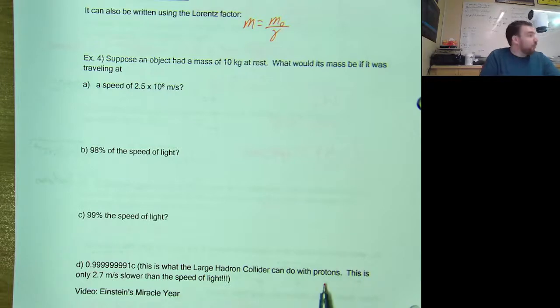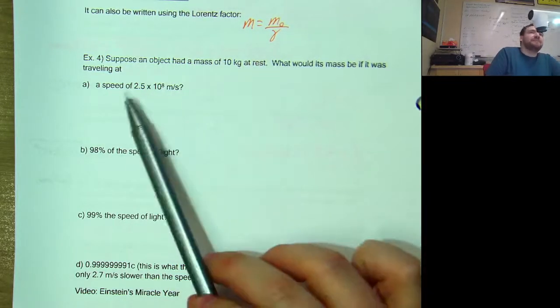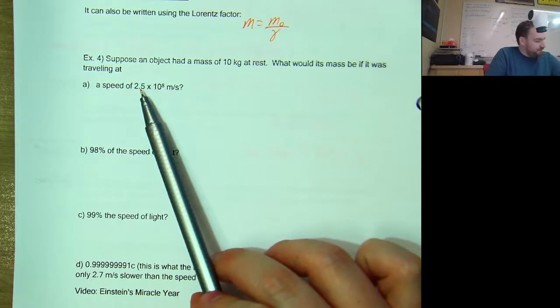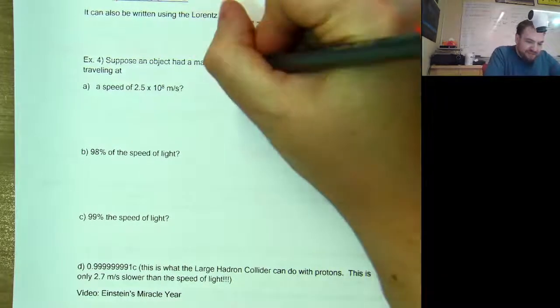Those are protons. Those particles have mass. And this is going to show you why you need something as big as the LHC, which draws the amount of power that it does. It's insane how much power that thing takes. So let's do it. We have a 10 kilogram mass at rest. M0 is 10.